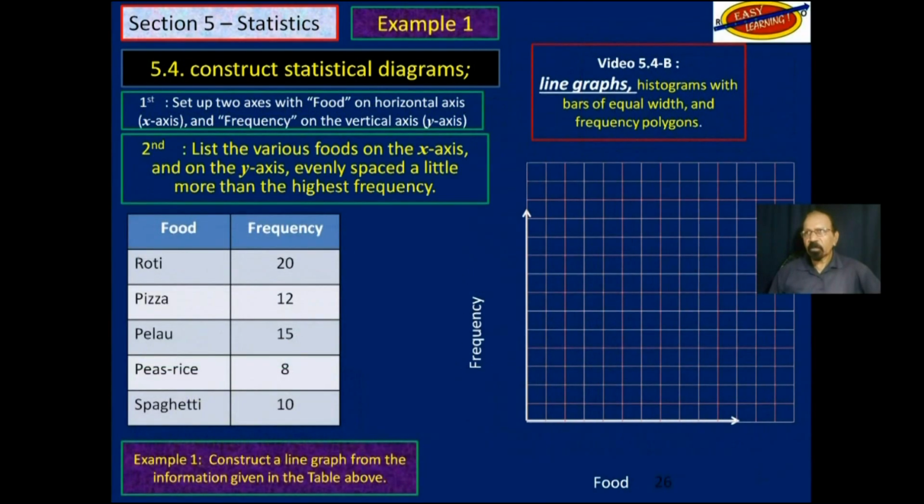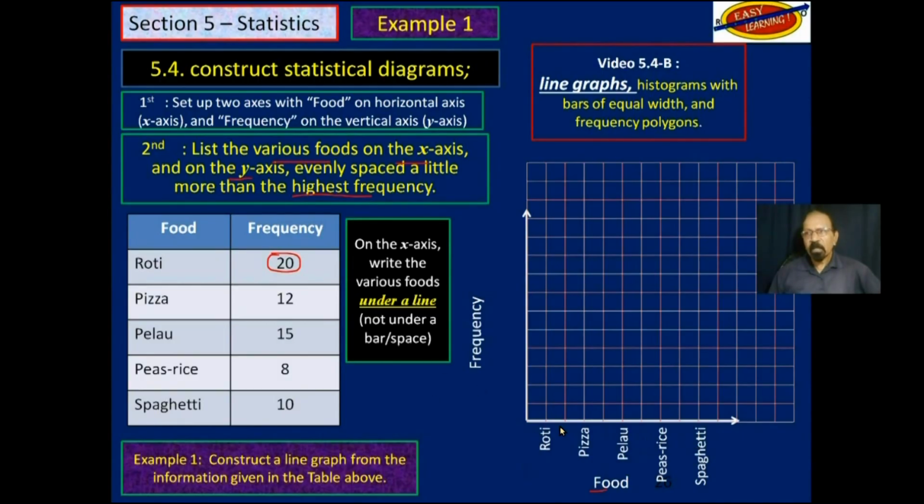And then, once we do that, we will list the various foods on the x-axis, and on the y-axis, we will scale out the frequency going a little higher than what we really require. We require 20, we may go to 25. So, on the x-axis, food, roti, pizza, pilau, peas and rice, and spaghetti.